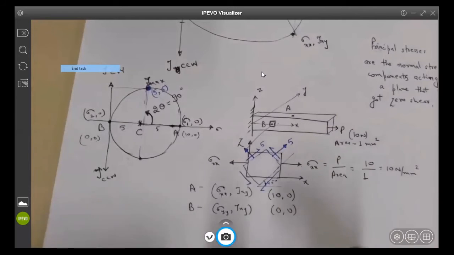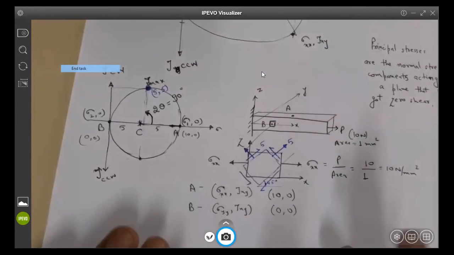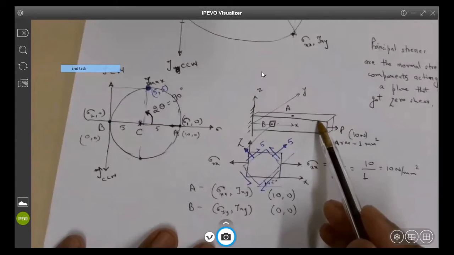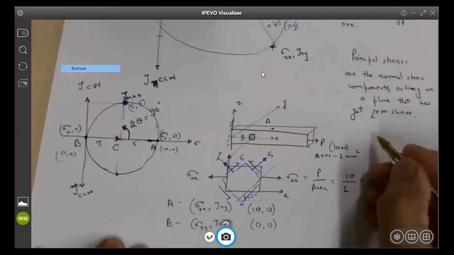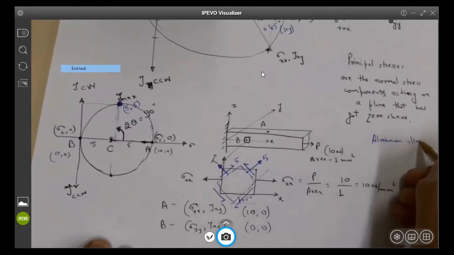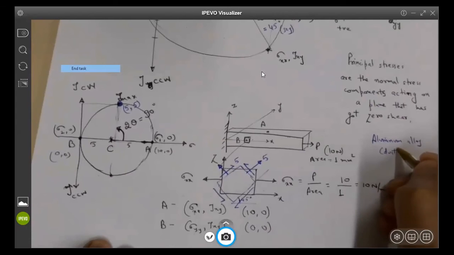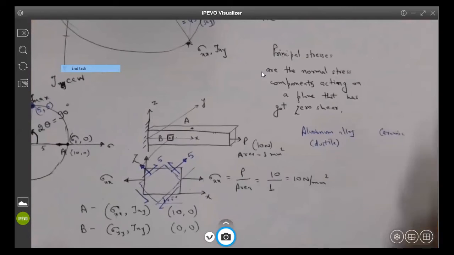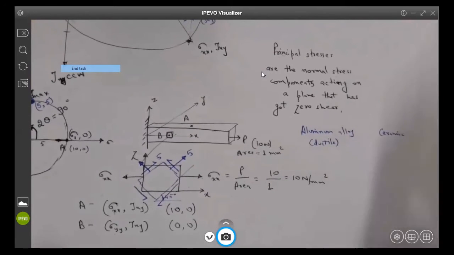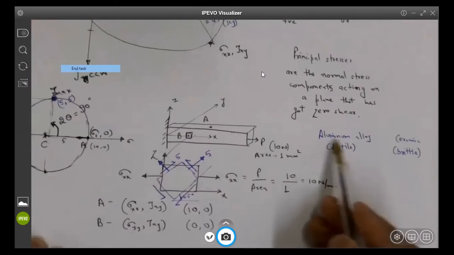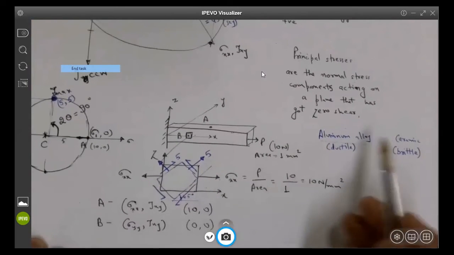Now, the reason I wanted you to pay attention to this is why we care about it. If this rod or thin strip of material is made up of aluminum alloy, which is a ductile material, or it is made up of a ceramic or a glass or maybe a carbon fiber, which is brittle, not as ductile as aluminum, it is made up of two types of materials.